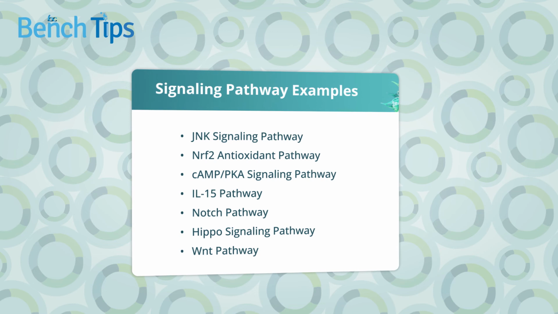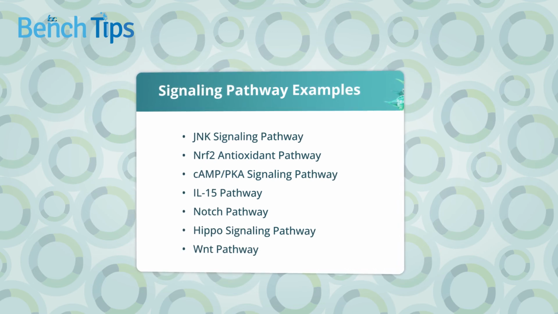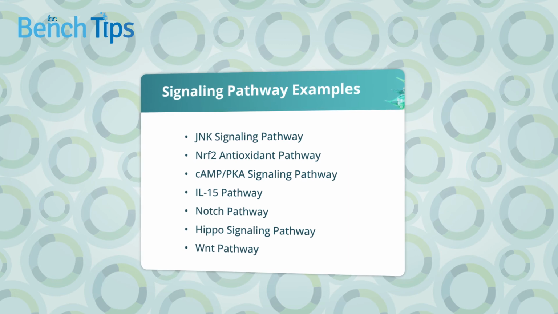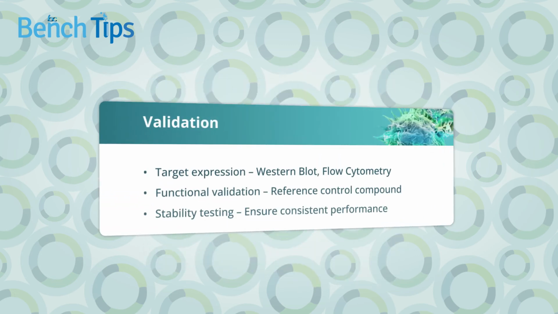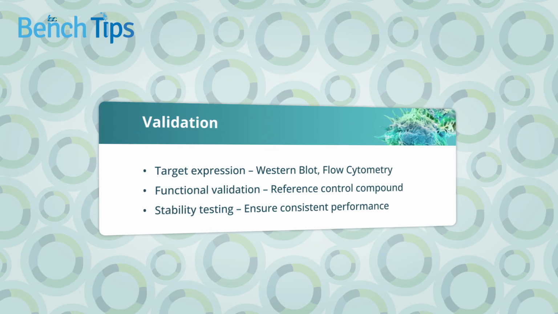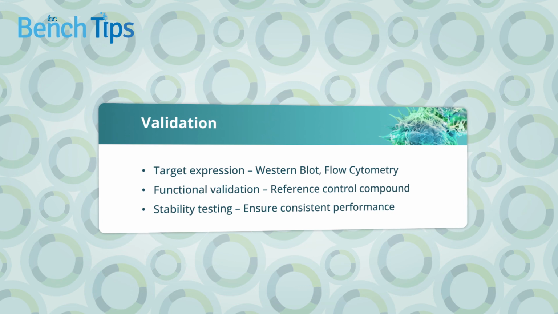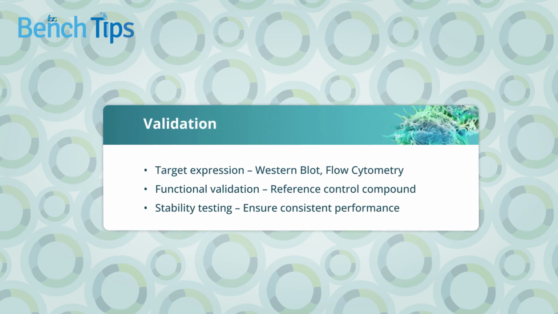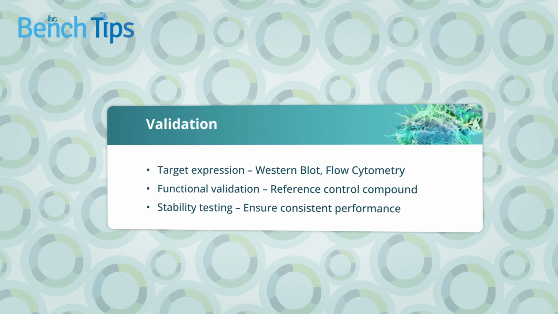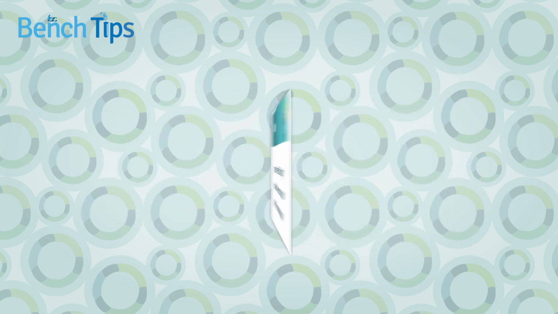A growing number of reporter cell lines are available, covering signaling pathways that include IL-15, Notch, Hippo, MYC, Wnt, and many more. Finally, you'll want to see proof of validation. This should include confirmation that the reporter cell line expresses the target, such as by Western blot or flow cytometry, functional validation through treatment with a reference control compound, and stability testing to safeguard performance over time.